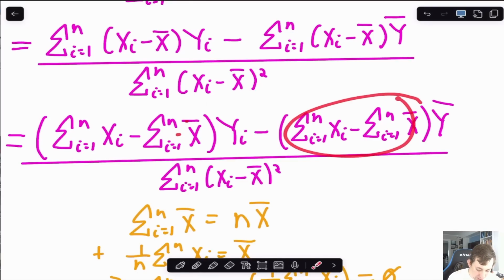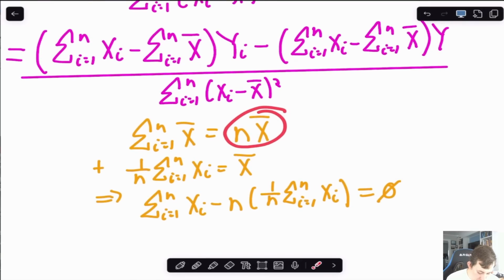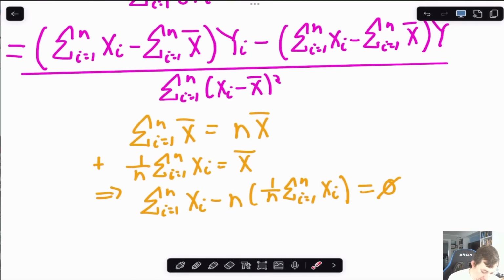One thing I know is that this sample average is the same for every observation because it's just the sample mean of x. So the sum from i equals 1 to n of x bar is just n times x bar. And I also know that 1 over n times the sum from i equals 1 to n of x_i is x bar.